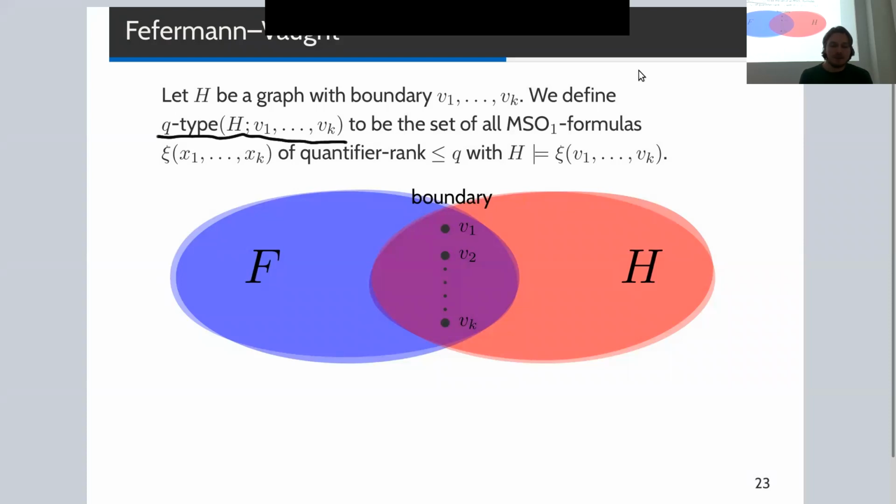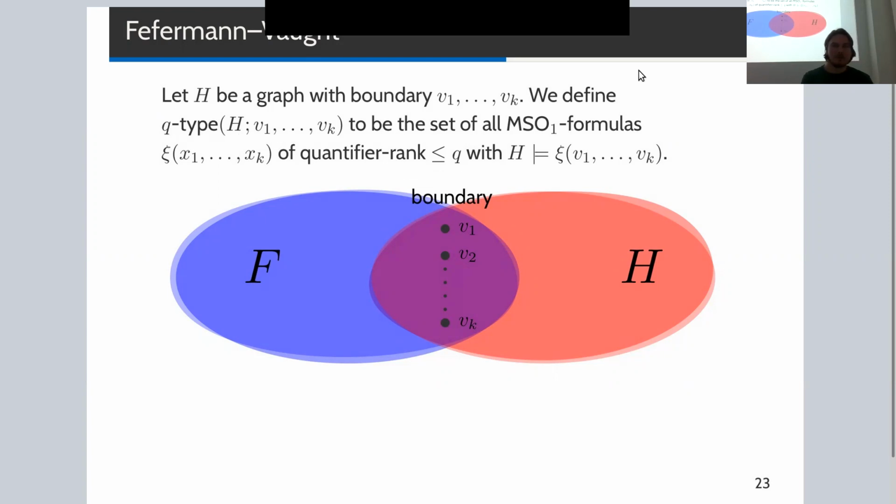So if our formula is true when you evaluate it on the boundary, like plugging in V1 to Vk, then we put it into the Q type. Otherwise, we leave it out of the Q type. So by looking at the Q type, we can get all the formulas that are true when evaluated on the boundary.